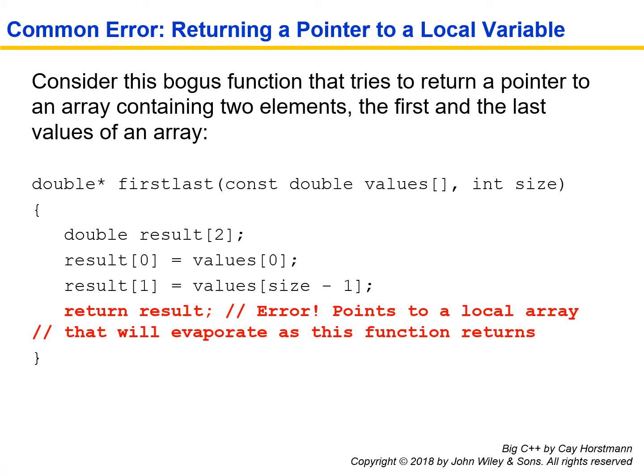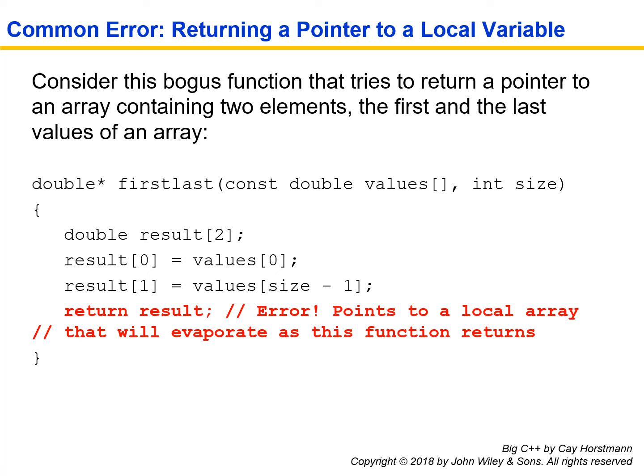Okay. Another danger is trying to return a pointer. Let's say we tried to create an array inside a function that held the first and the last values of an input array. And then we return the result. Well, remember, the array that's created inside the function is a local variable.